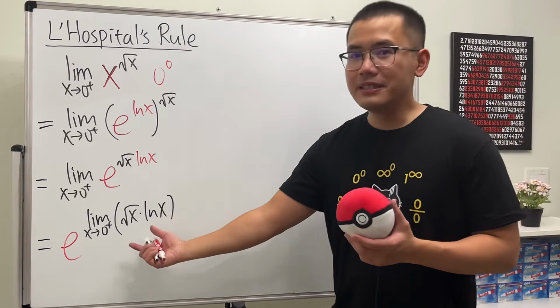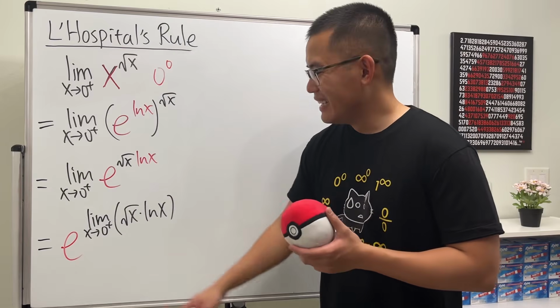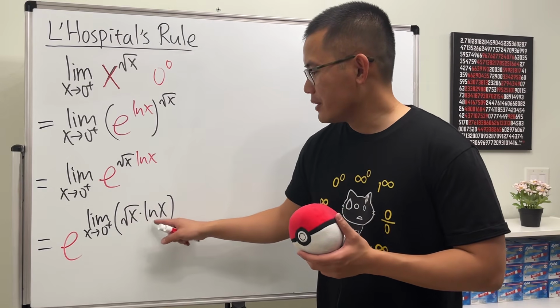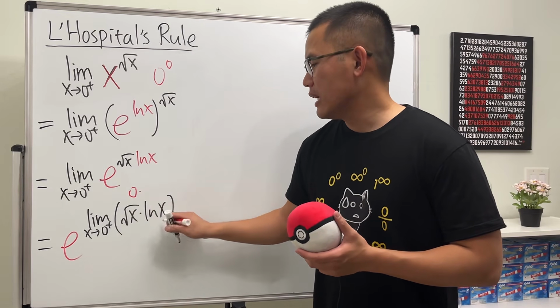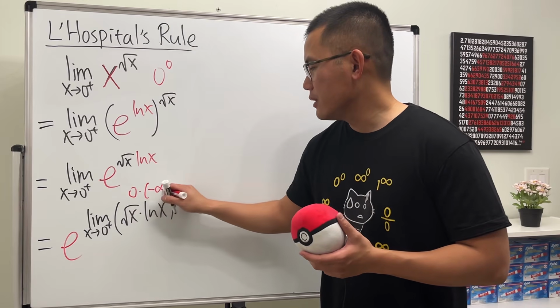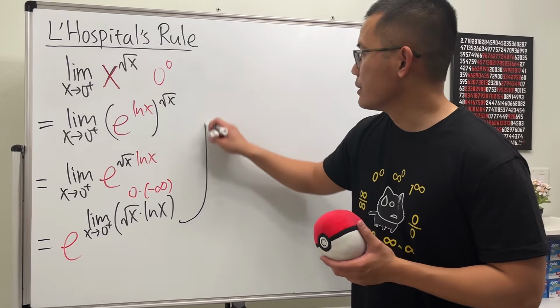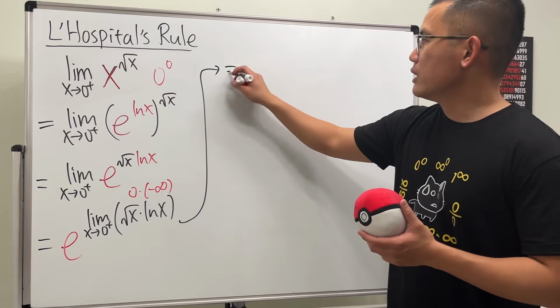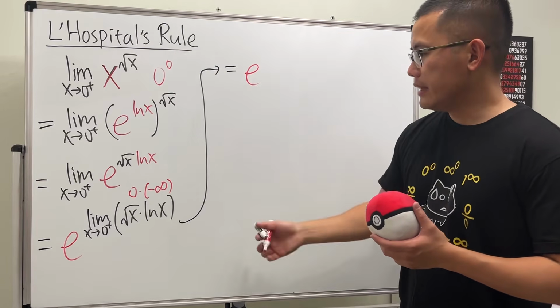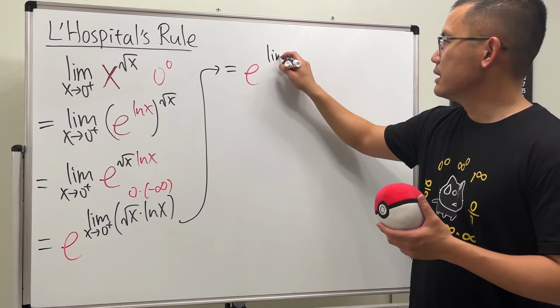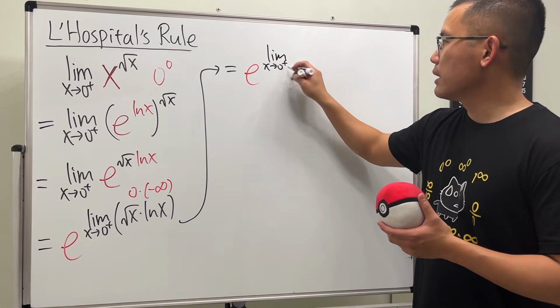And this is exactly what we got earlier too, right? When we put 0 into here and here, we get 0 times ln 0 plus is -infinity. So for this part, we will have to do more work, and let's just go ahead and put that down right here. This is going to give us e for the base, and then we have to take the limit as x approaching 0 plus.